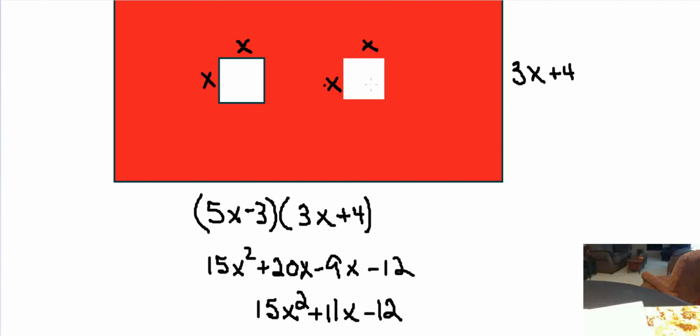However, we have two bare spots or empty spots that aren't red. So what we have to do with these is we've got to find the area of these individually and then subtract them from the rest of the area of the entire rectangle. So the area of this square here is x times x, which is x squared. And the area of this rectangle is x squared. So I'm going to have the area entirely, and then I'm going to subtract 2x squared.